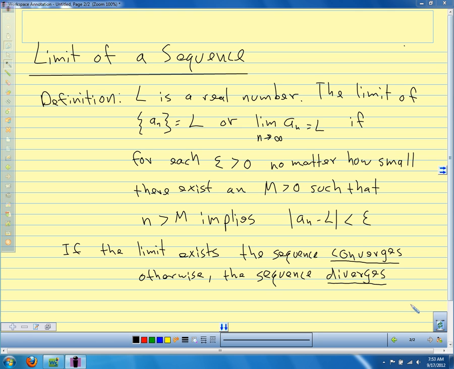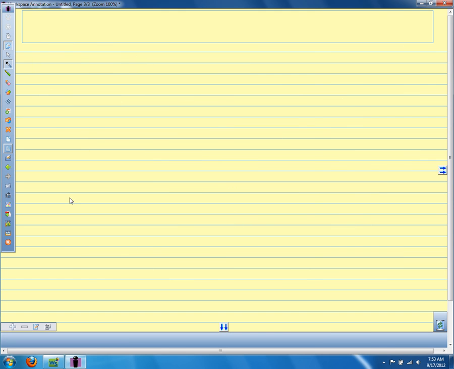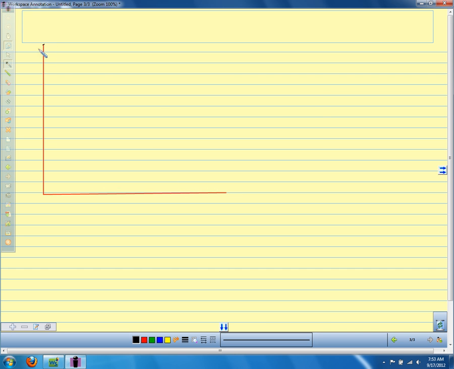Graphically, what this definition says. So here are our axes. And for a sequence, it's kind of nice because graphically it's relatively easy. On this axis we have n, and on the y-axis we have our a sub n.